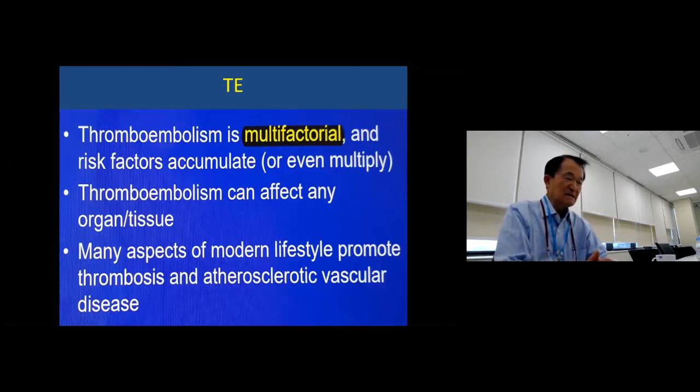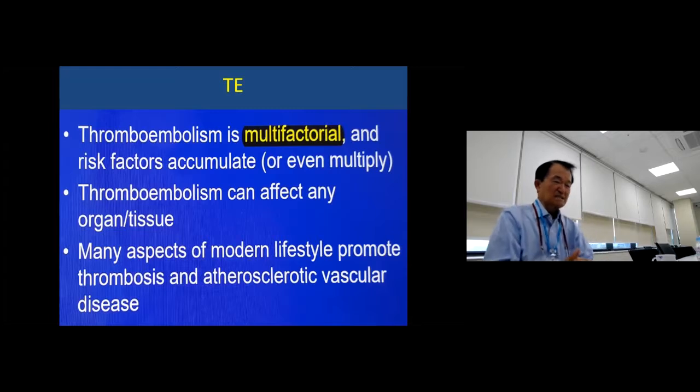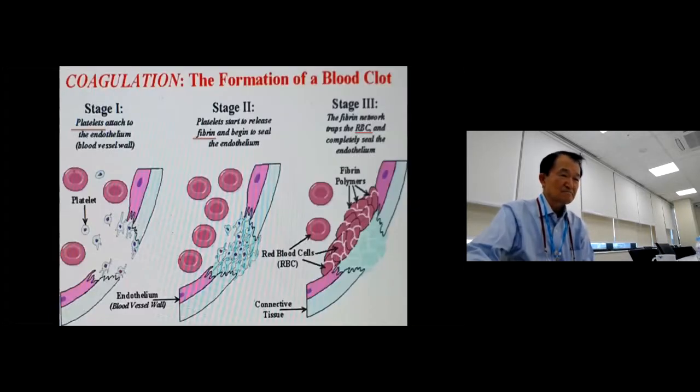And this thromboembolic process can affect any organ or tissues. So there are three stages of the coagulation process. Initially, platelets attach to the vascular endothelium.